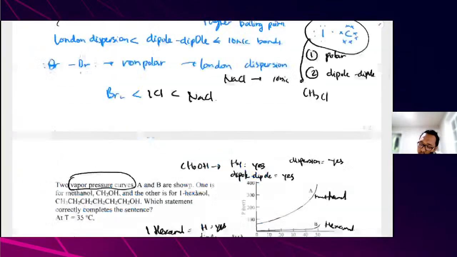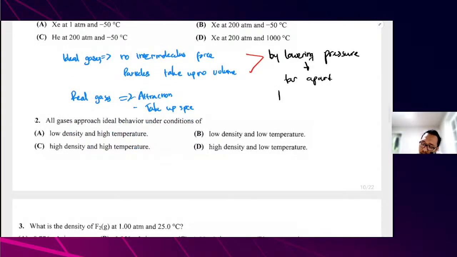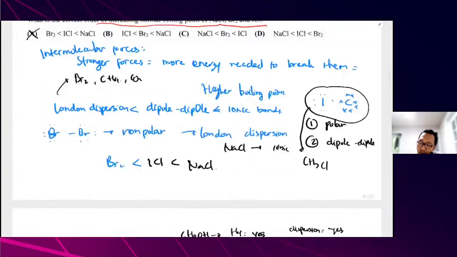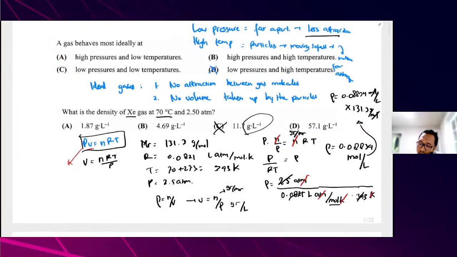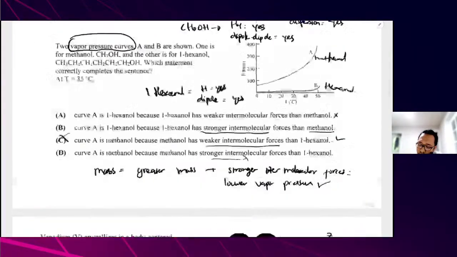And then we also need high temperature. If we apply high temperature, the particles will move very fast, so fast that there is no time for attraction.